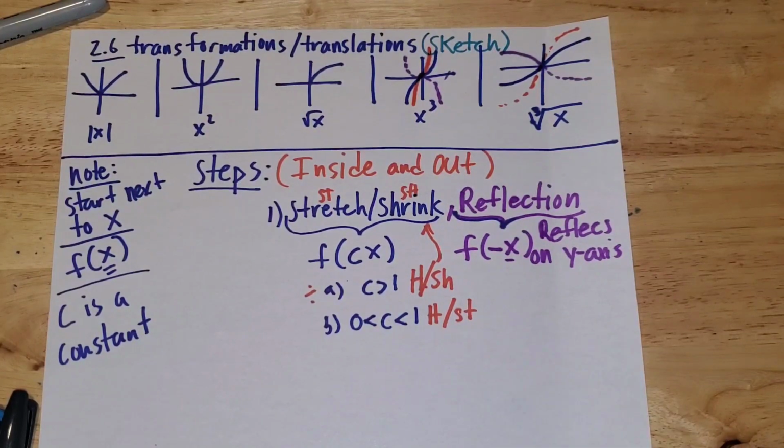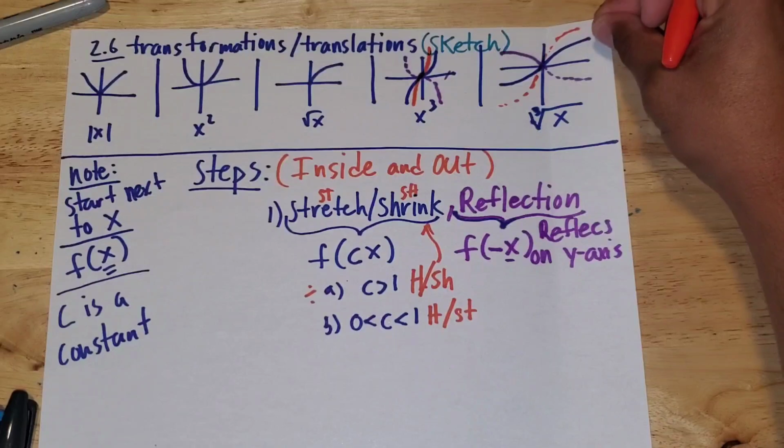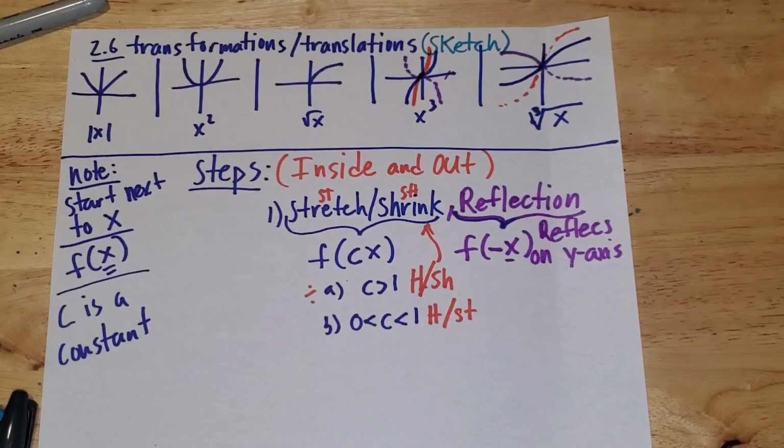And now, like I said, for in between 0 and 1, you would think if you're multiplying something by a half, or by a fifth, by a third, it's always going to get smaller. But what this is doing is a horizontal stretch. So imagine you're taking these and you're pulling on them. Imagine this was a rope and I'm going to pull on it really hard on this side and pull it on that side.